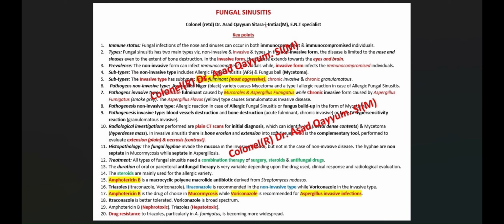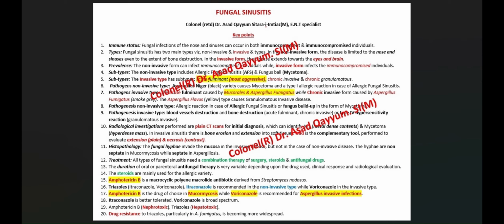These two varieties are caused by Aspergillus fumigatus subtype in case of the invasive type of sinusitis. Aspergillus flavus. Flavus means yellow. This type causes granulomatous invasive disease.